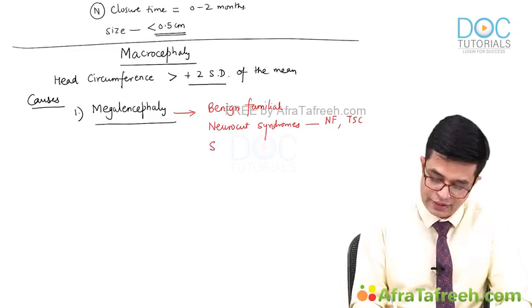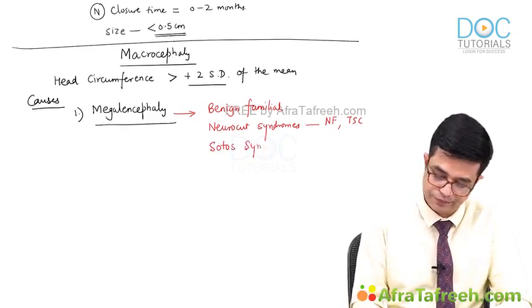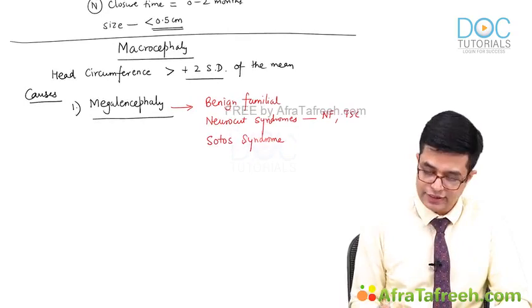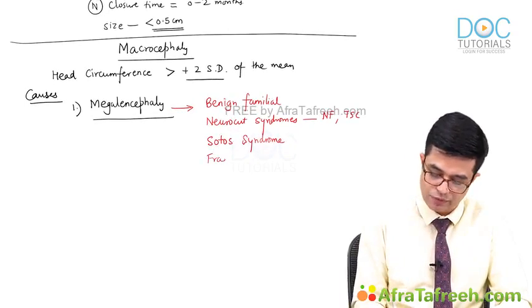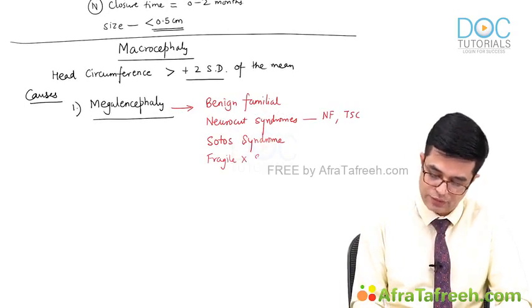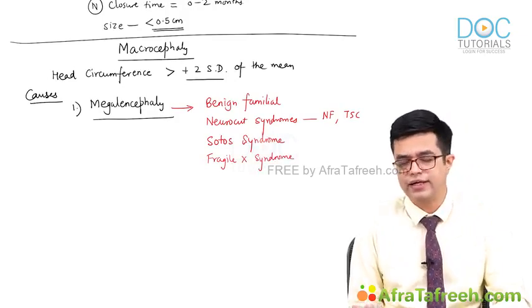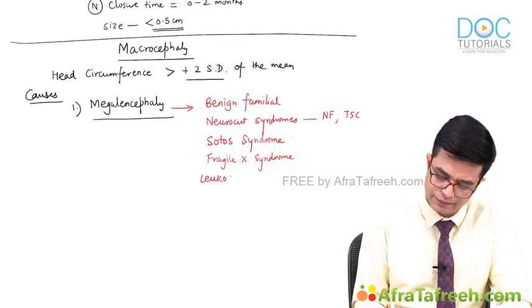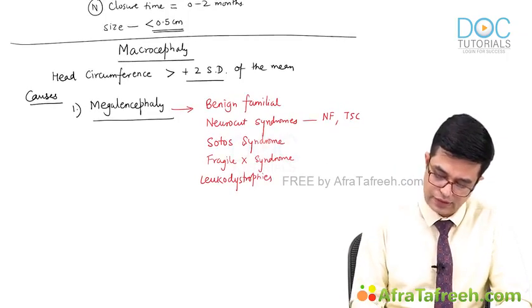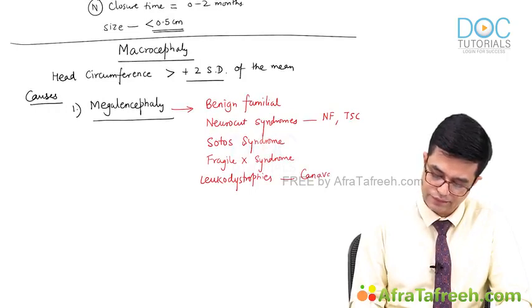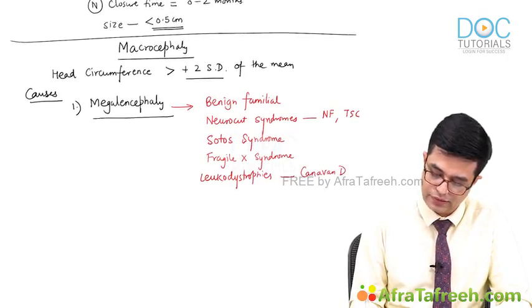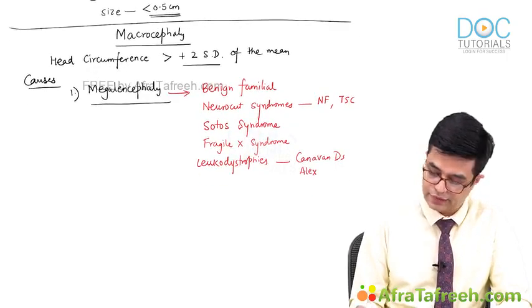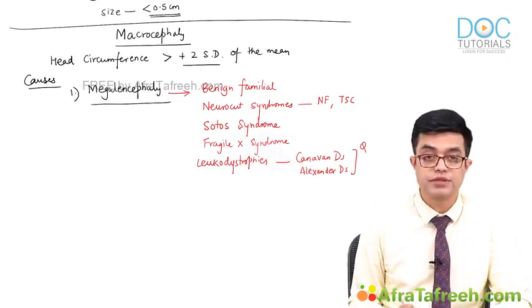It can be seen in Soto's syndrome. It can also be seen in Fragile X syndrome. Fragile X has a large brain but the children have intellectual dysfunction. It can be seen in leukodystrophies like Canavan disease and Alexander disease, and both of them are AIIMS MCQ points.